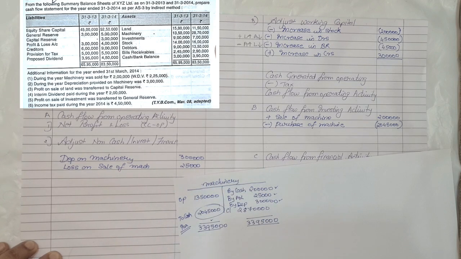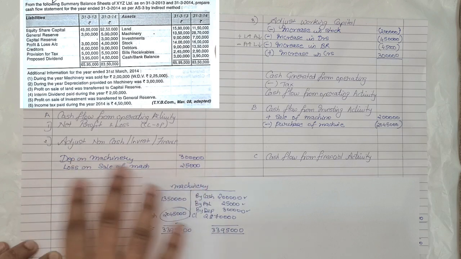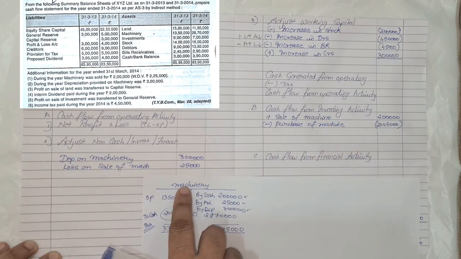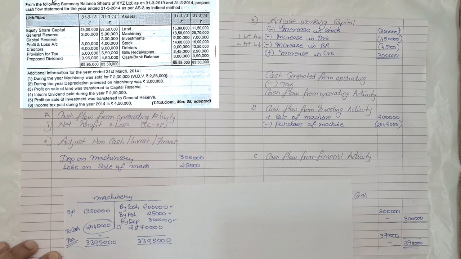So all the expenses we add. Okay, so this is how we had to post all the values of machinery account into various areas of our account. So always remember, one impact will always be in the non-cash, the other will be either investing or financing, depending on whatever account you are solving. Okay, so machinery was an asset, comes under investing activity. Okay, chalo. So with that, machinery account has been completed and all the posting has been done.